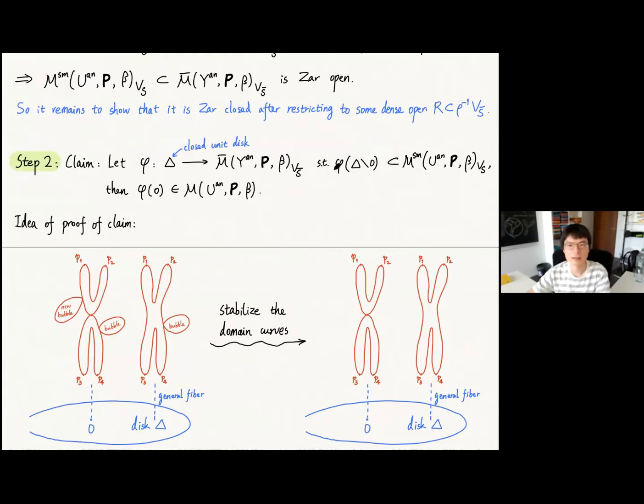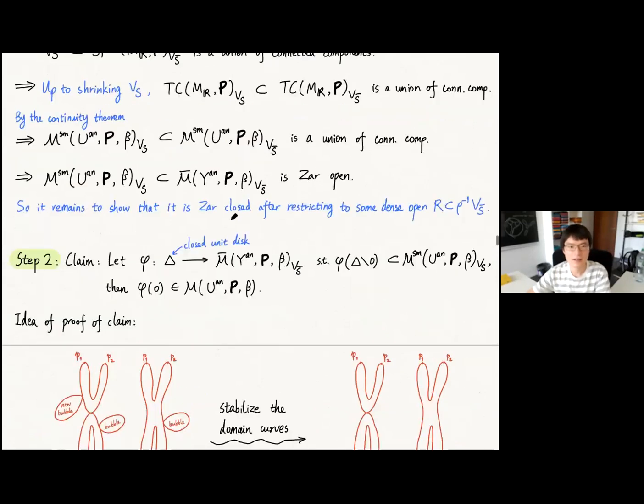But if it's closed, then I want to prove that phi of 0 also belongs to the same set. We want to show that it is closed after further restricting. Without further restricting, it's not true. Okay, so that's why it's just an intermediate step.